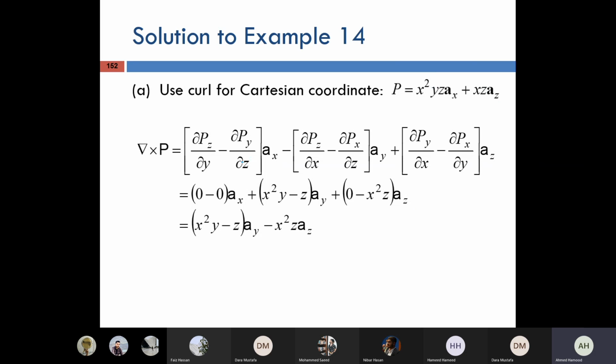Then differentiate based on z for y, you don't have it, you have 0 here, then 0. So all these sections are 0. Then you have negative, differentiate based on x for z, what will you have? So for z, you have this part.